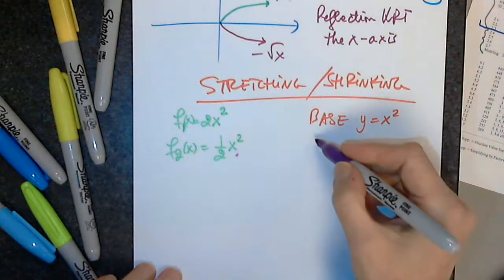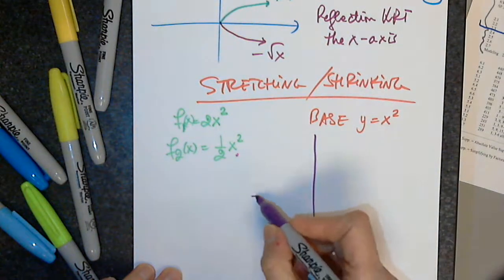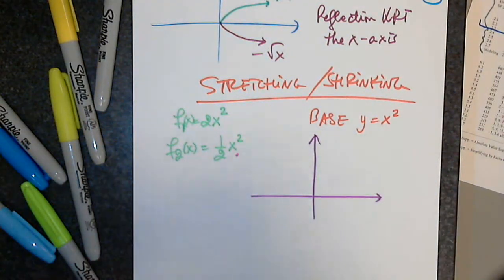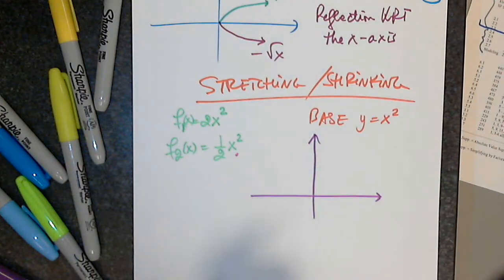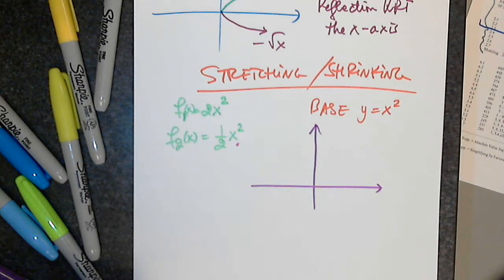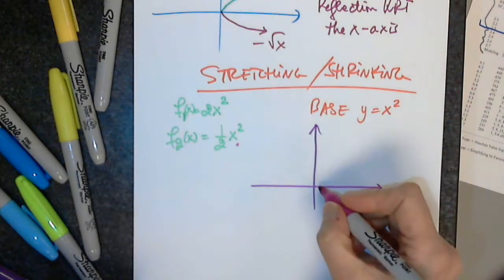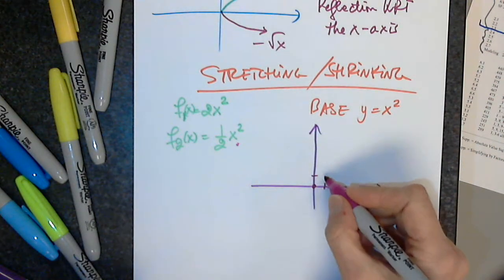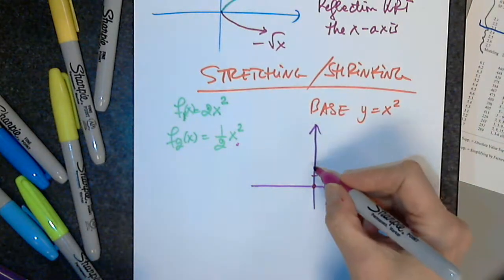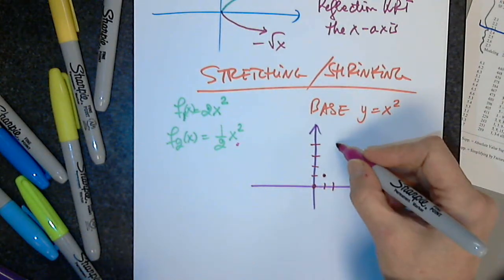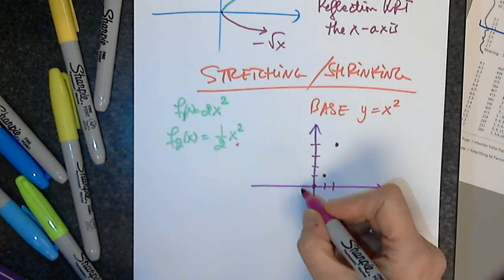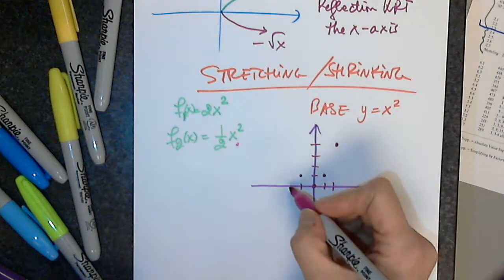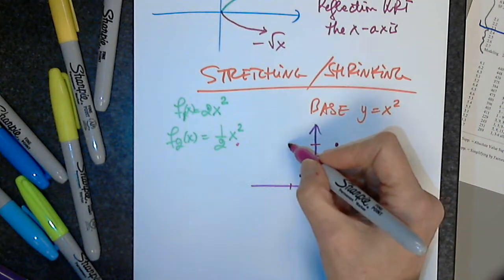I'm going to graph the base function. Because I want to illustrate what I'm doing, I'm going to choose some points. So 0, 0, 1, 1, 2, 4, through the function. 2, 4, -1, 1, -2, 4.